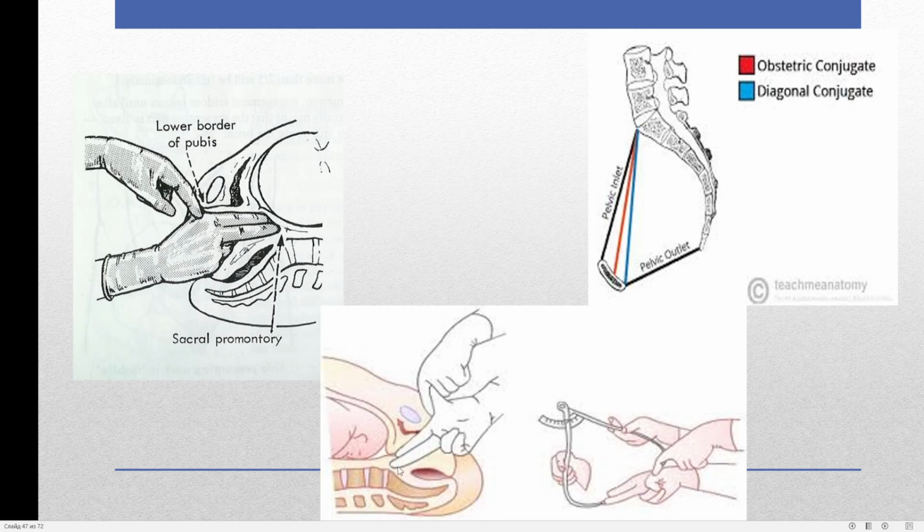We try to palpate the promontorium with the index finger and fixate the point below the pubis with the other hand, and after that we withdraw our hand and measure this distance. Usually it's 12.5 to 13 centimeters. It's the diagonal conjugate. If we subtract 1.5 or 2 centimeters, we will know the true conjugate.